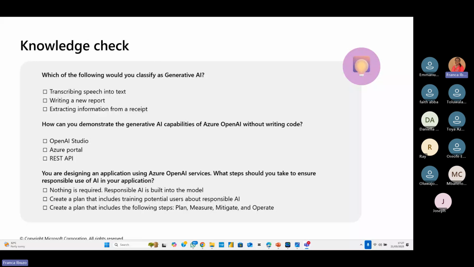Is it transcribing speech into text, writing a new report, or extracting information from the text? Who disagrees with it? Who disagrees?